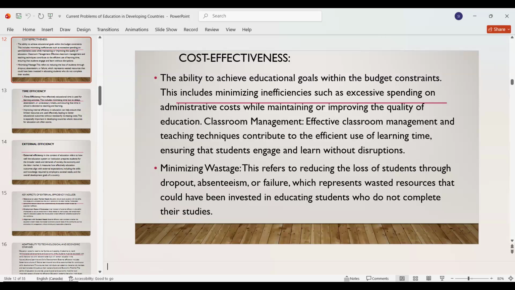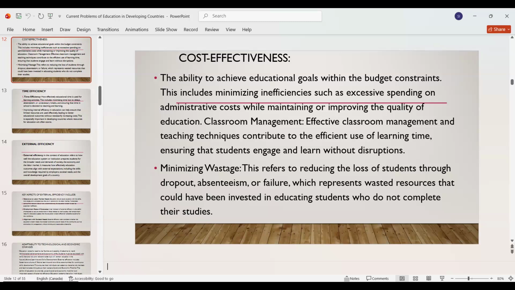So that premises have to be suitable for learning. Minimizing wastage refers to reducing the loss of students through dropout, absenteeism, or failure, which represent wasted resources that could have been invested in educating students who do not complete their studies.